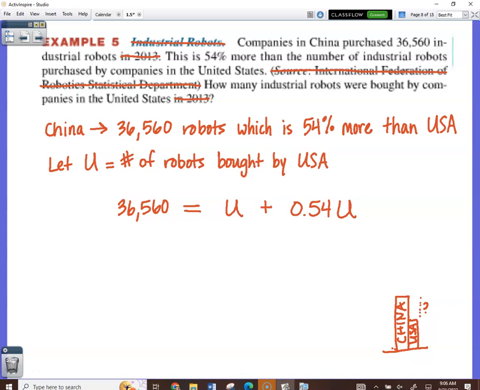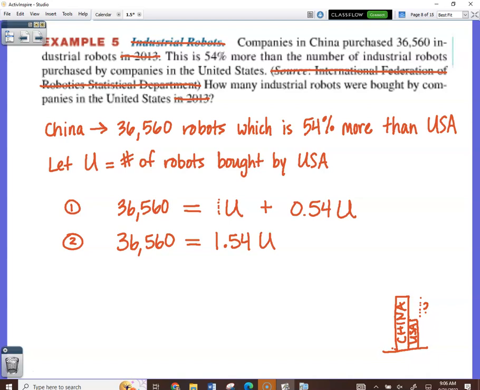Now look at this. What number's right here? There's an understood 1, which is another way to start the problem. I've seen students start here at step 1, or I've seen students go straight to step 2 because they know that China bought 54% more than the U.S., which means I need 100% of what the U.S. bought plus an additional 54%.